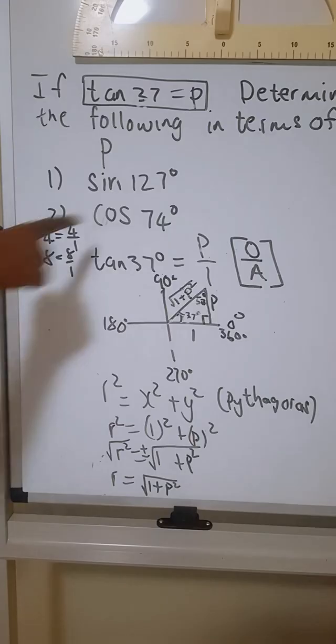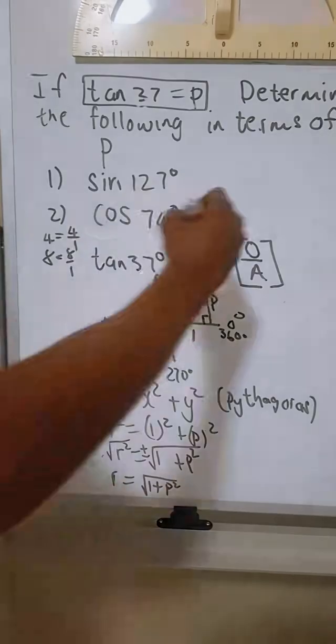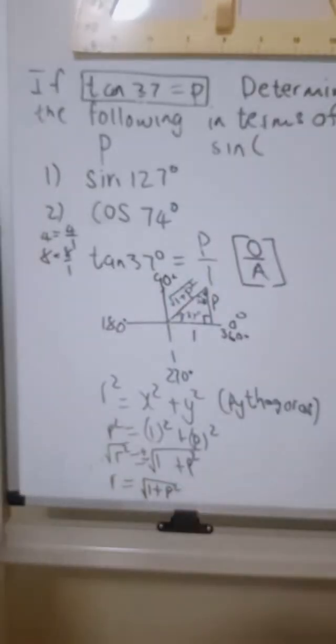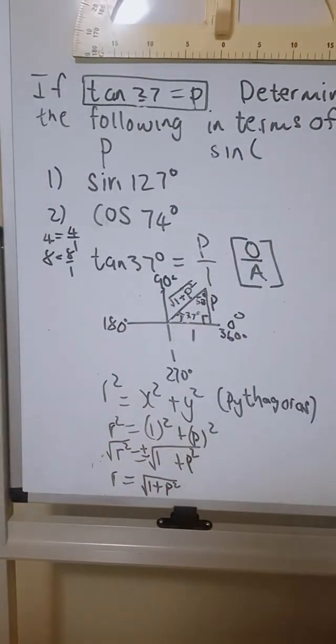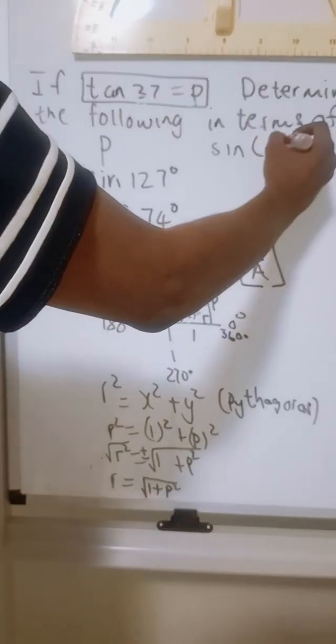So now we want to answer sine 127. We can reduce using our co-function values.